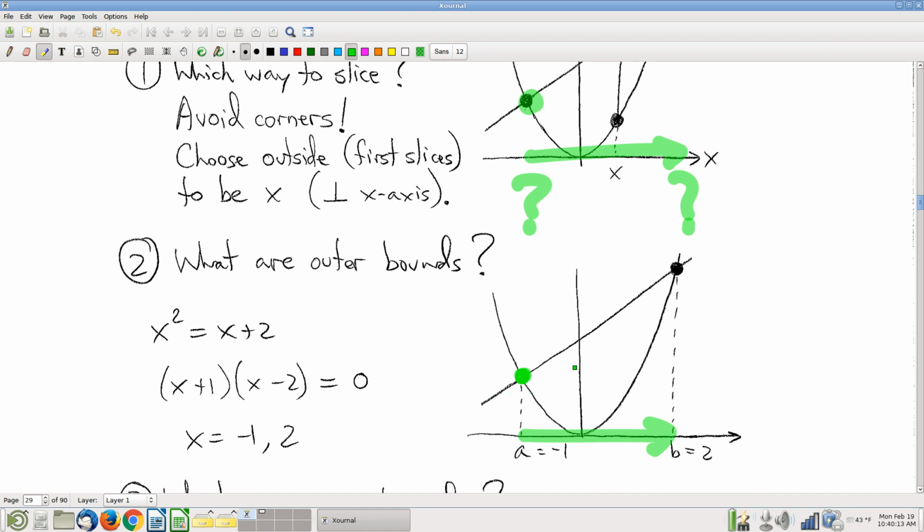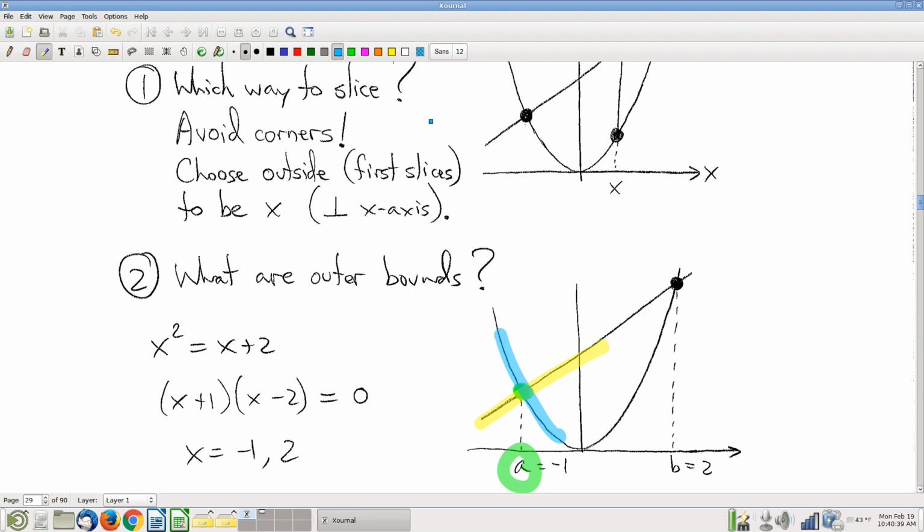Here's the usual game. This bound corresponds to that point. That point is on a certain curve. Well, actually, two curves. It's on that curve and that curve. The bound corresponds to a point, the point is on two curves, and those curves have certain equations.